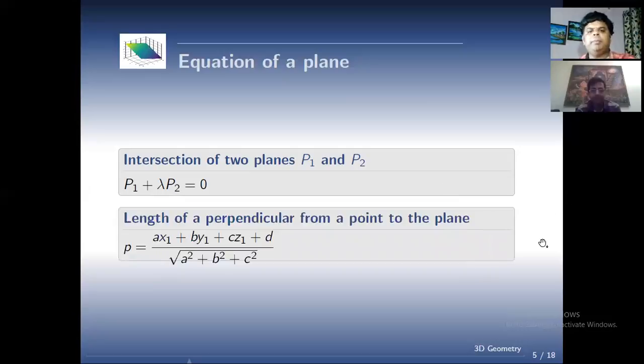And finally, the length of a perpendicular from a point to the plane ax plus by plus cz plus d equal to 0 is given by p equals (ax1 plus by1 plus cz1 plus d) over the square root of (a squared plus b squared plus c squared), where (x1, y1, z1) is the point from which we are dropping the perpendicular.